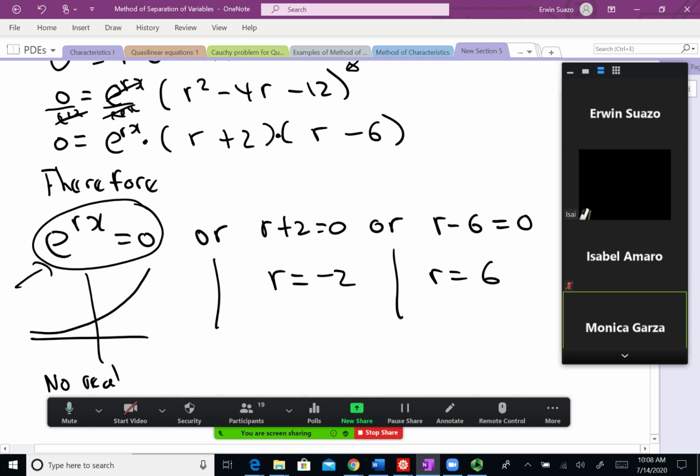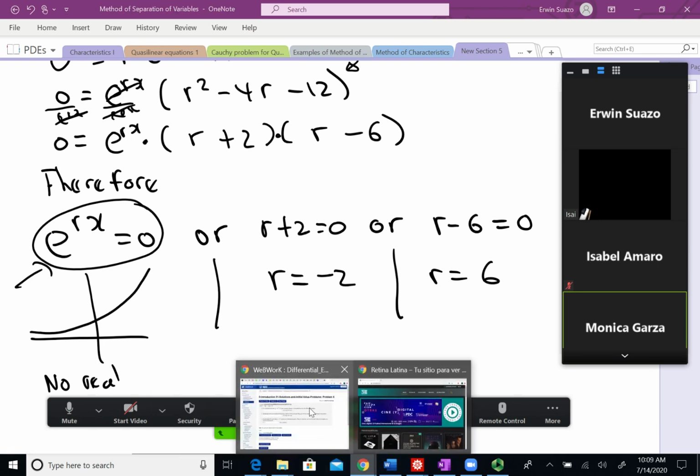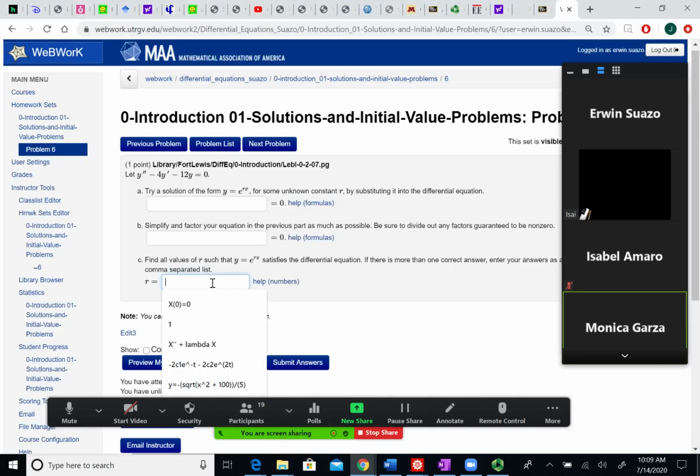So we have -2 and 6, so those are our answers. So let's plug in the solution here. It's -2 and 6. We have to submit the other thing.